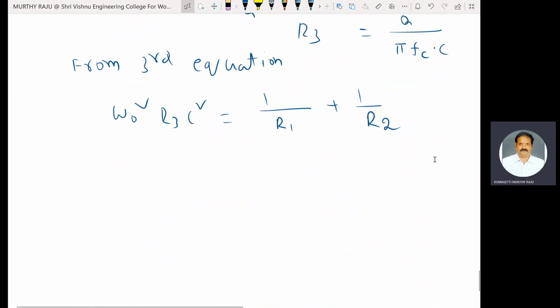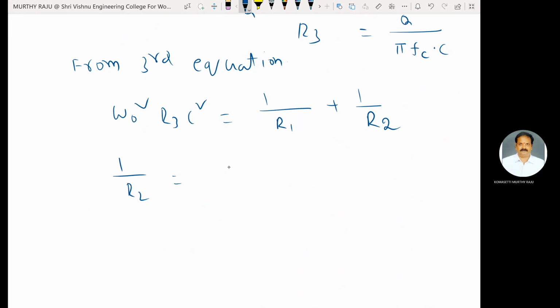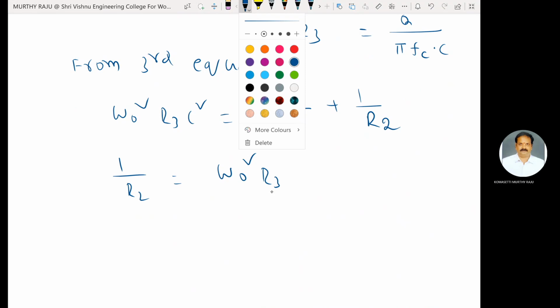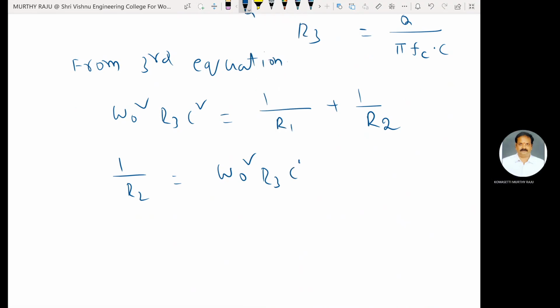Therefore, 1 by R2 is equal to omega naught square R3 C square minus 1 by R1.